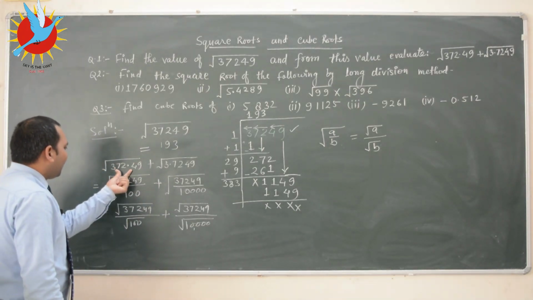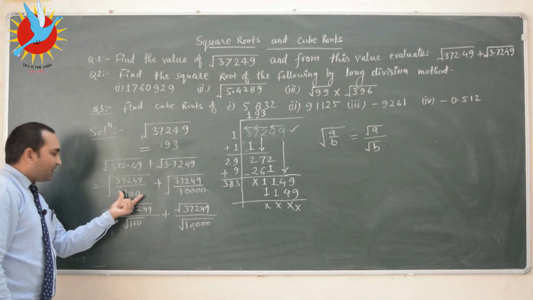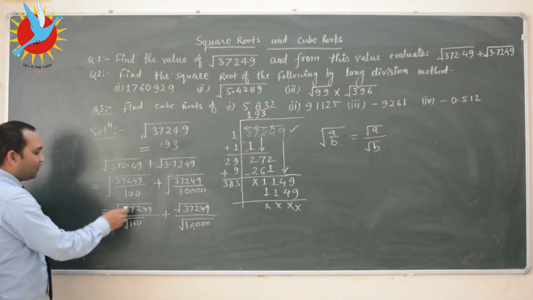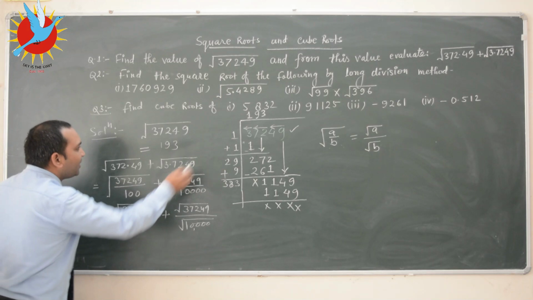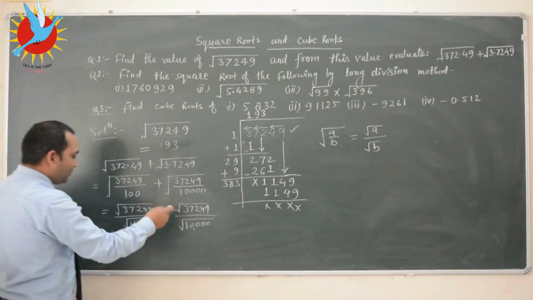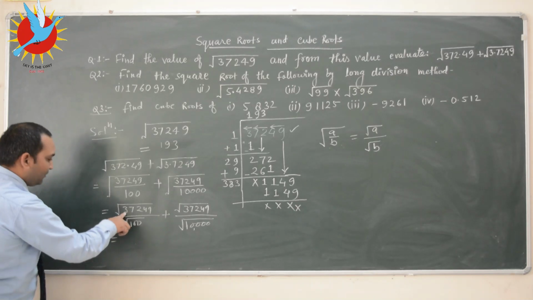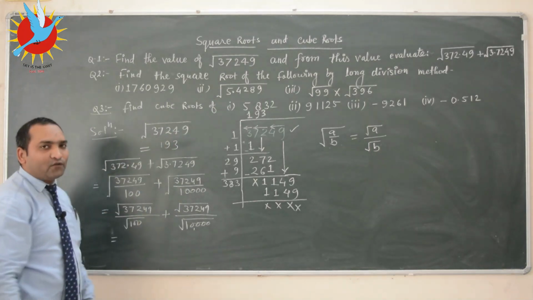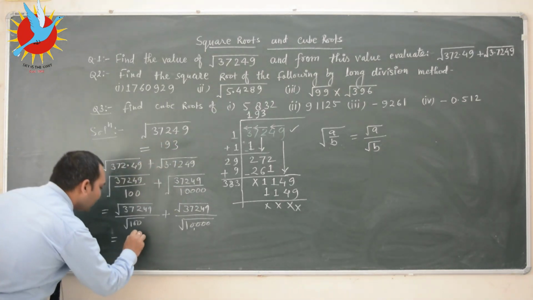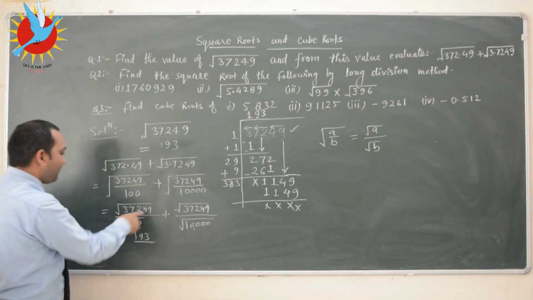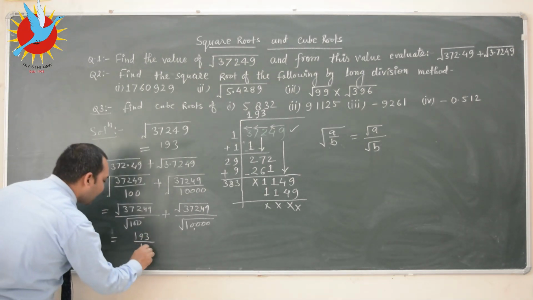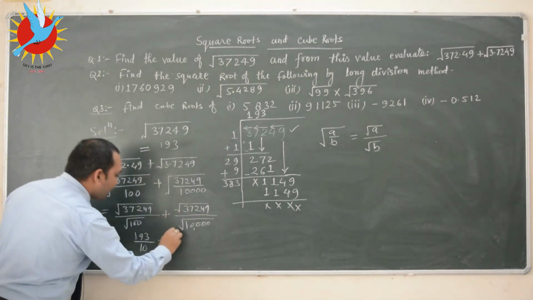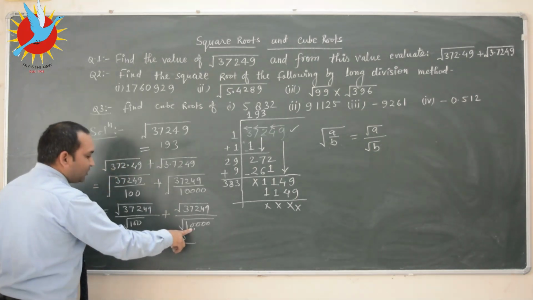We convert the decimal into fraction form because we already know the square root of 37,249 is 193. So we write 193 upon the square root of 100, which is 10, plus 193 upon the square root of 10,000.